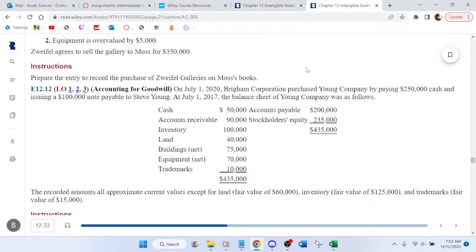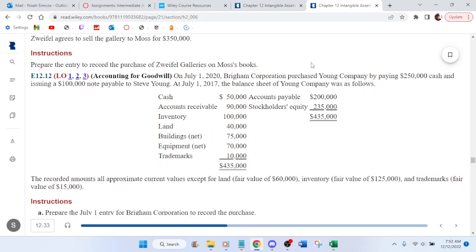I wonder if this is going to be a harder goodwill question here. There's 250 cash and a note payable. Oh, jeez. They issued a note payable.